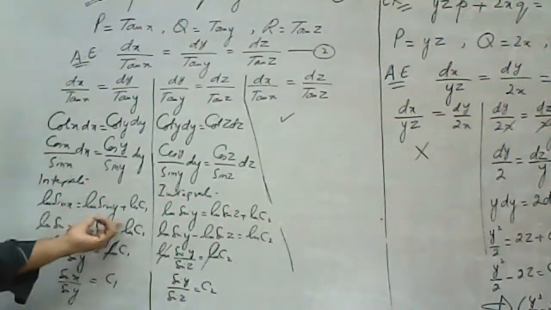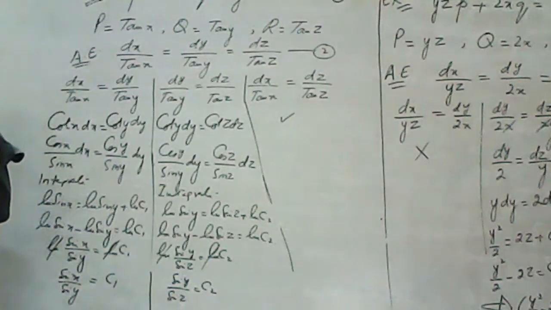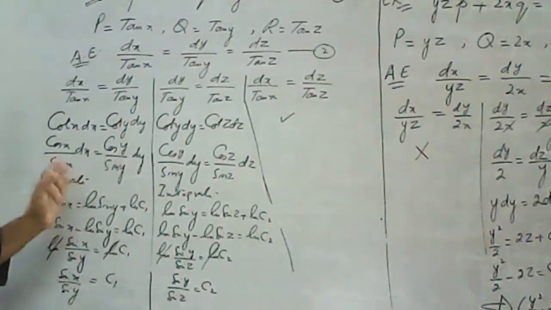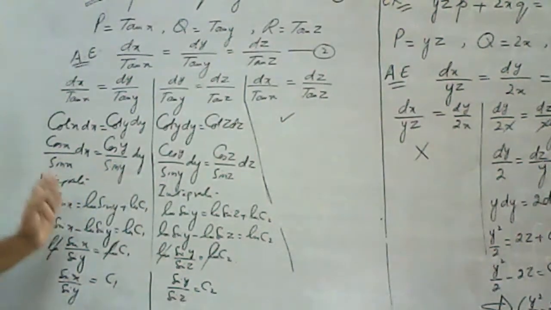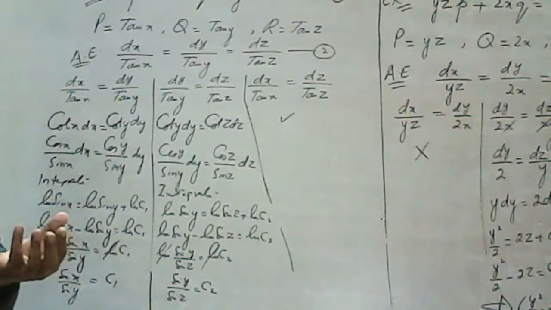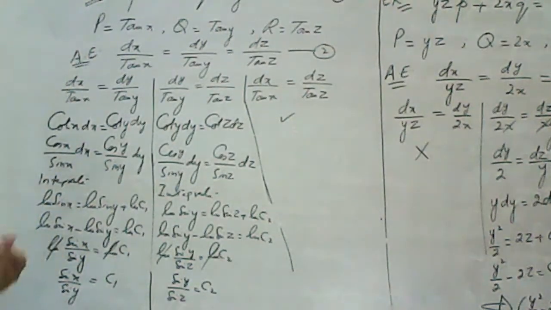If you do not write the constant of integration with log, it will still be counted as correct. There is no mistake if you are not writing the constant of integration with log. But as I said, writing the constant of integration with log is more fruitful than writing the constant without log.